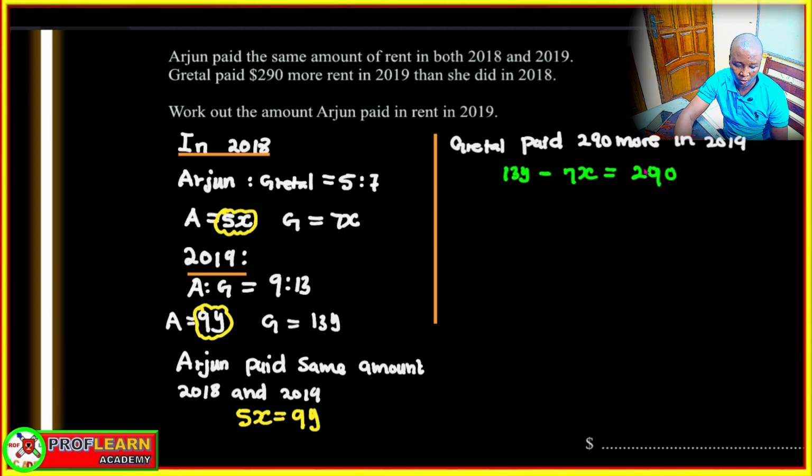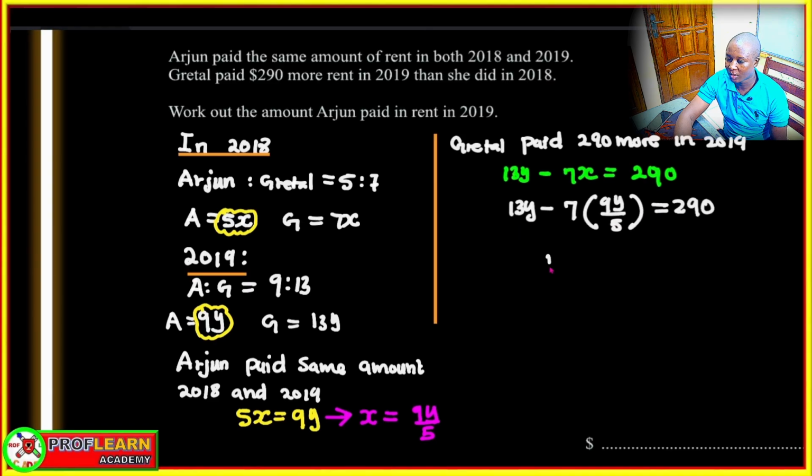The next part: from the first equation we formed, 5x is equal to 9y, we can make x the subject of the formula, and we shall have x is equal to 9y over 5. Then anywhere we have x in the second equation, 13y minus 7x is equal to 290, we substitute 9y over 5.